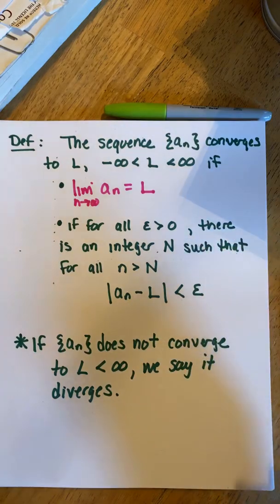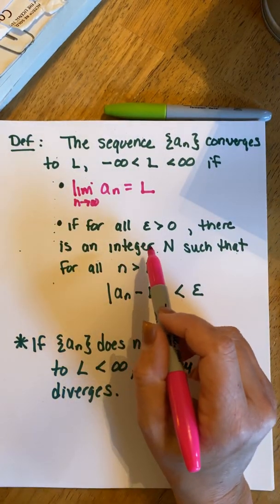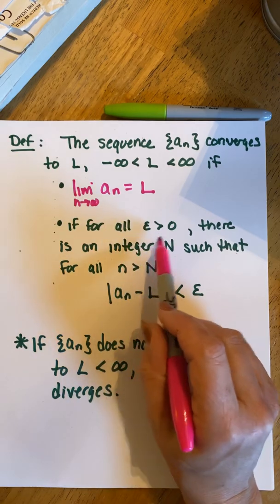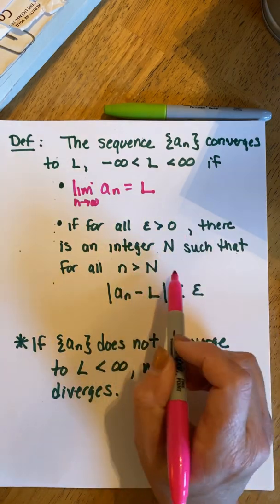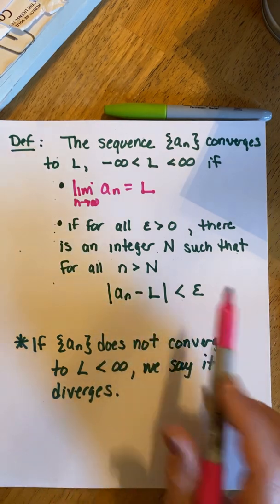We'll use this more in higher level math, like in a real analysis class. But the formal definition of a limit is if for all epsilon greater than 0, there is an integer n such that eventually all the terms of the sequence fall within epsilon.